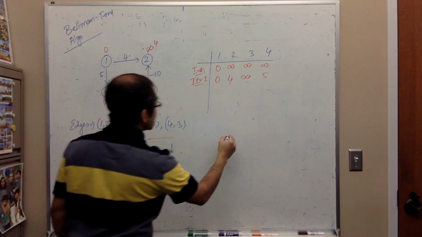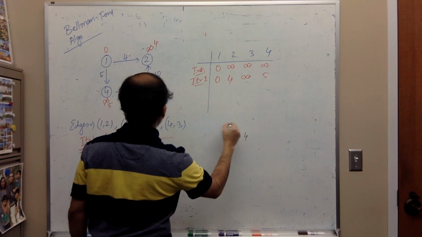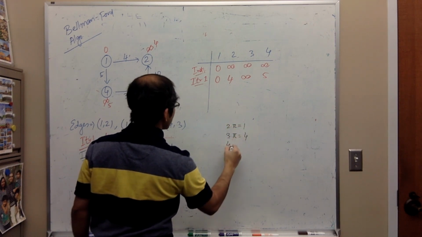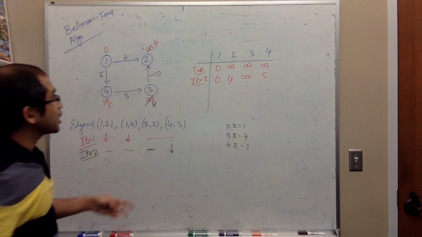So we can say that 3.pi equals 4, and earlier 2.pi equals 1, and 4.pi equals 1 also, as the parent pointers.